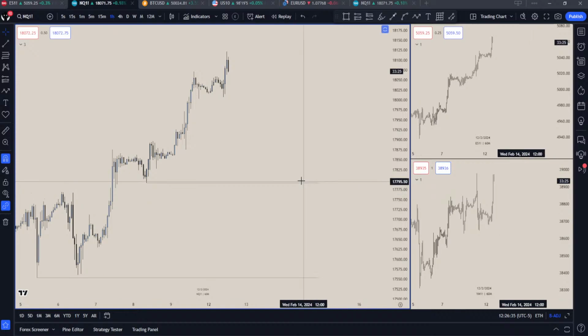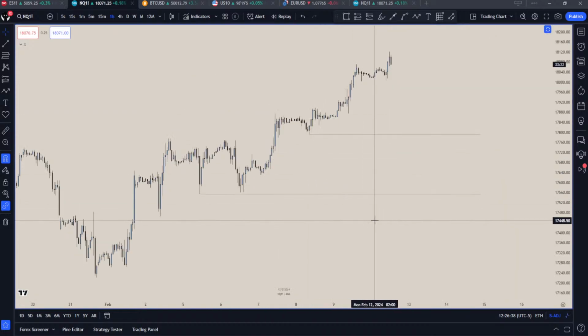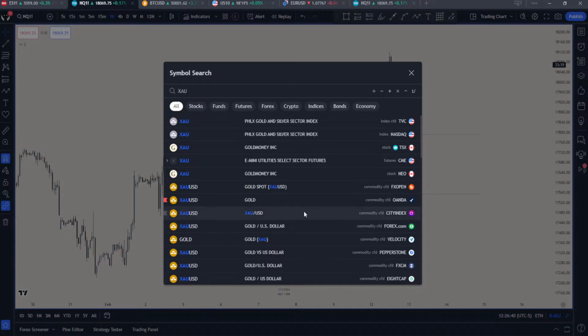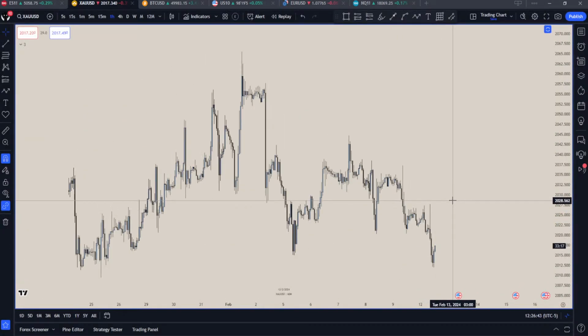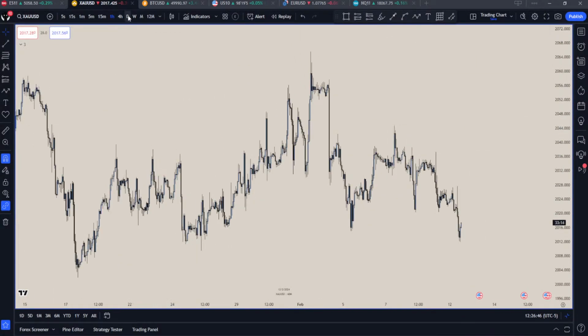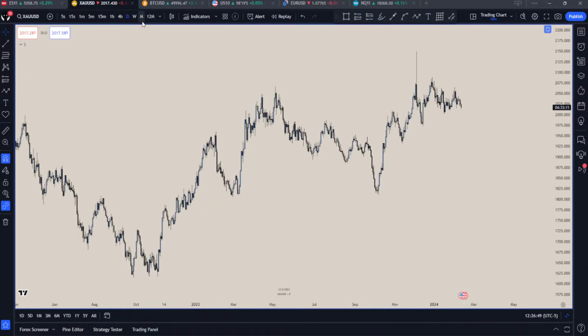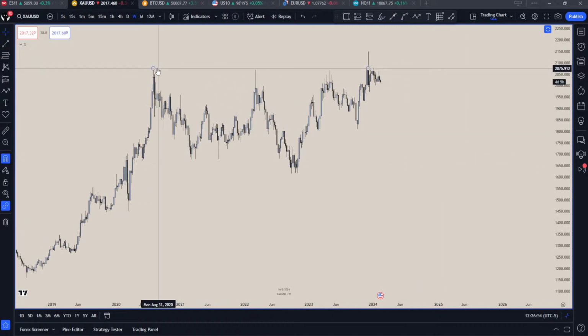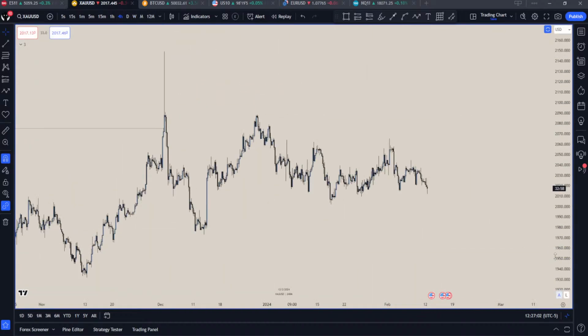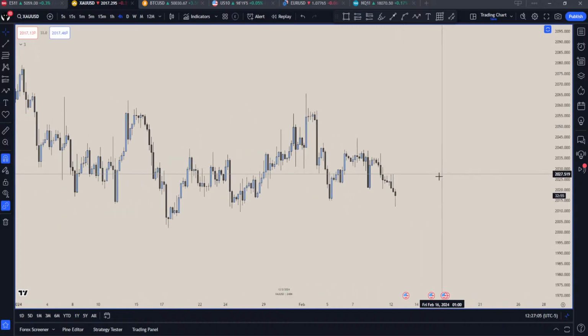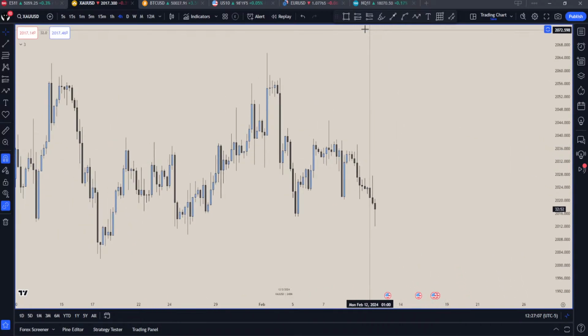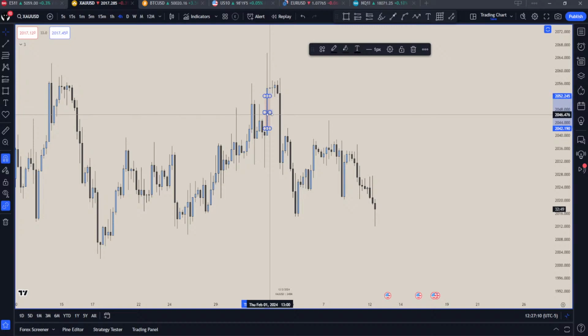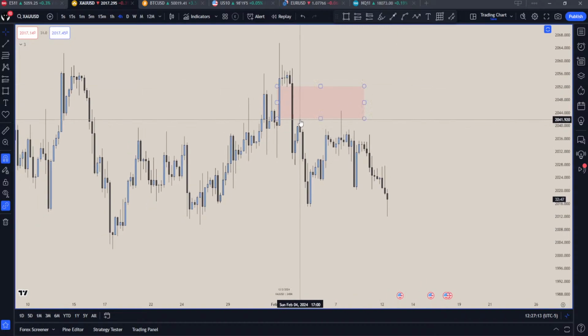Can you please do analysis on gold? Yeah, I got you on that. So my bias for gold has just been bearish, to be honest. It's been bearish for a long time now because on the weekly chart, when I first started doing analysis on gold, I saw this and I'm like, okay, we're gonna get some sort of downside here for sure. So from that, I just started doing my analysis here, and on the 4 hour right now, we can see this is essentially what I've been looking at. We have a bounce price range right there, which we traded into.